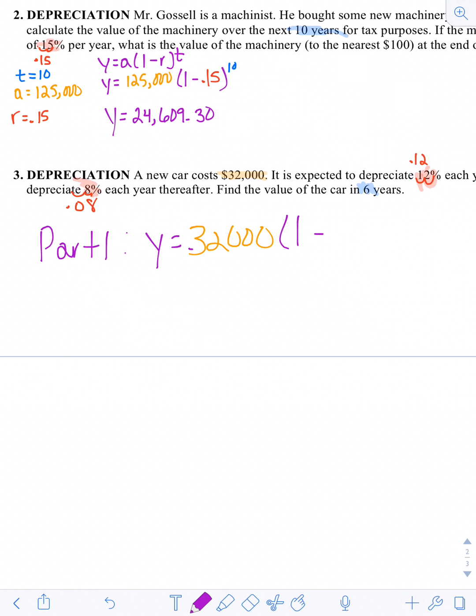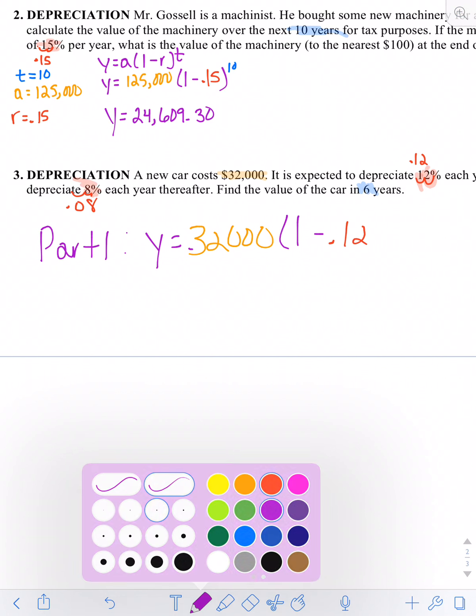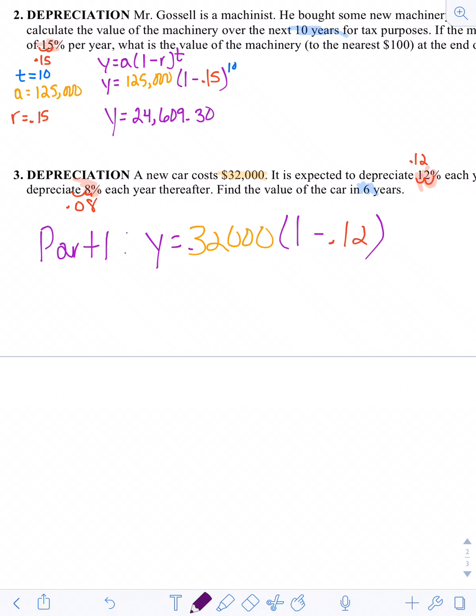The rate for that first part was 12%, so I'm going to put 0.12, and that's going to be to the power of 4, since it does that for the first 4 years. Type that in and you're going to get $19,190 and about 25 cents.